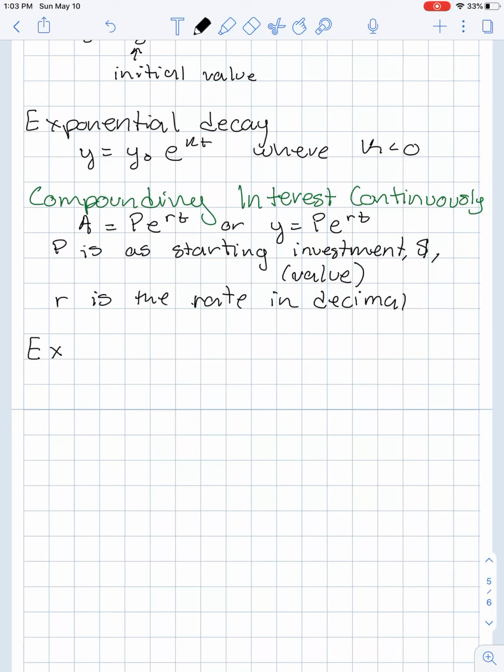So let's do some fun examples of when to use these functions.